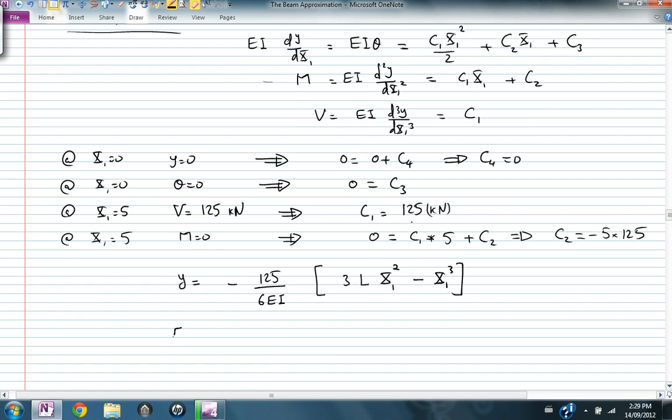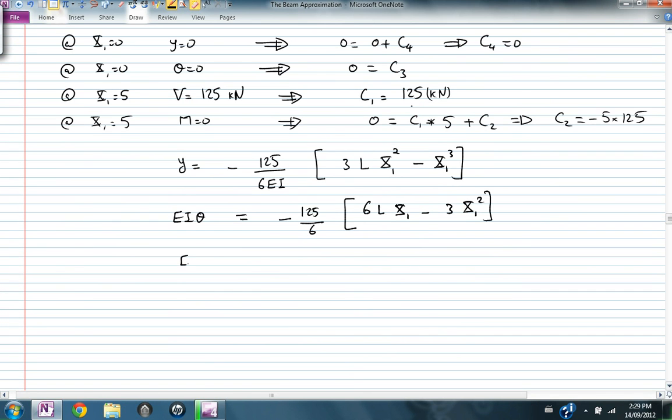The rotation is equal to negative 125 over 6 multiplied by dy by dx. So EI dy by dx is equal to negative 125 over 6 multiplied by 6L x1 minus 3x1 squared. The moment is equal to negative 125 over 6 multiplied by 6L minus 6x1.